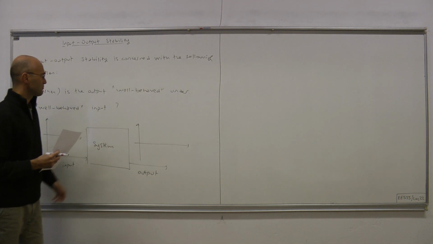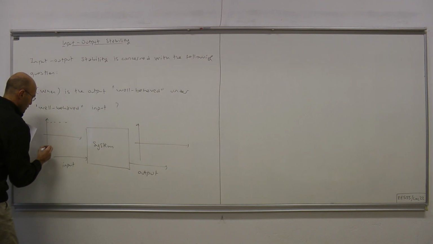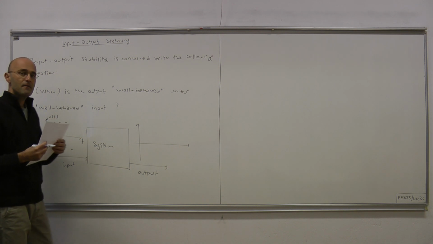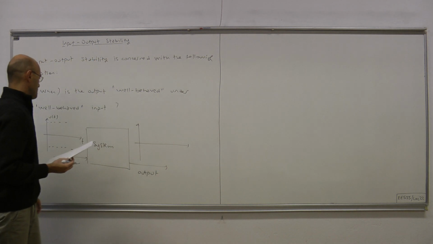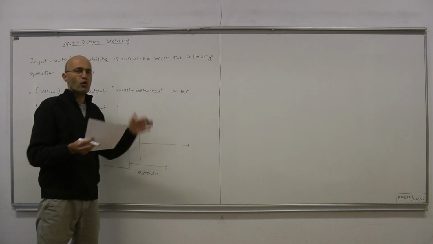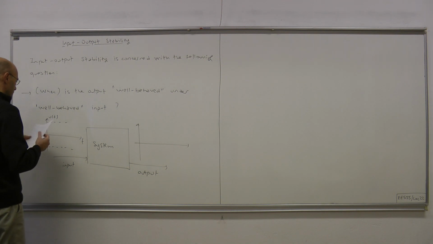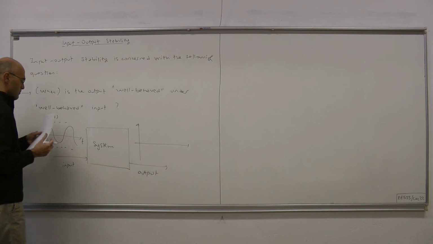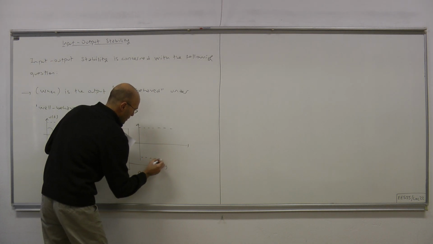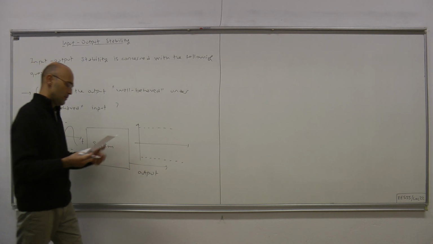Generally speaking, what we want is, when the input is bounded, okay, that is, you can find a number such that for all times of interest, the norm of the input is always smaller than that number, and then we want that to result in an output such that the output is also bounded. Okay.